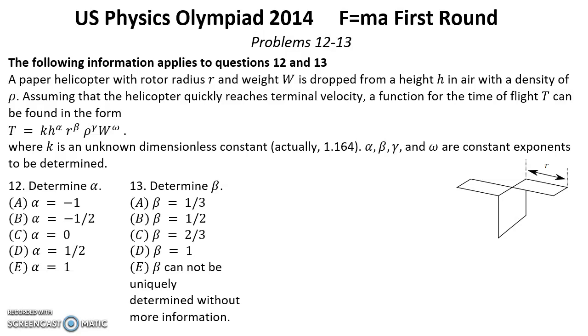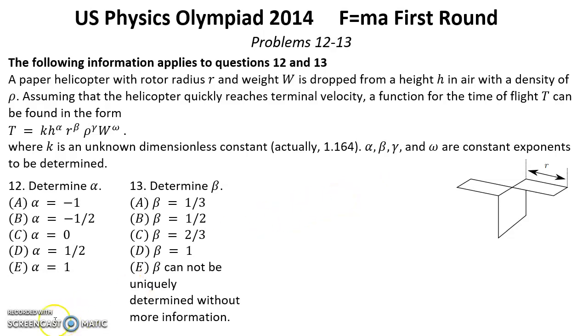Assuming that the helicopter quickly reaches terminal velocity, the function for the time of flight t can be found in the form of t equals this expression, where k is an unknown dimensionless constant. Alpha, beta, gamma, and omega are constant exponents to be determined. Question 12. Determine alpha. Question 13.